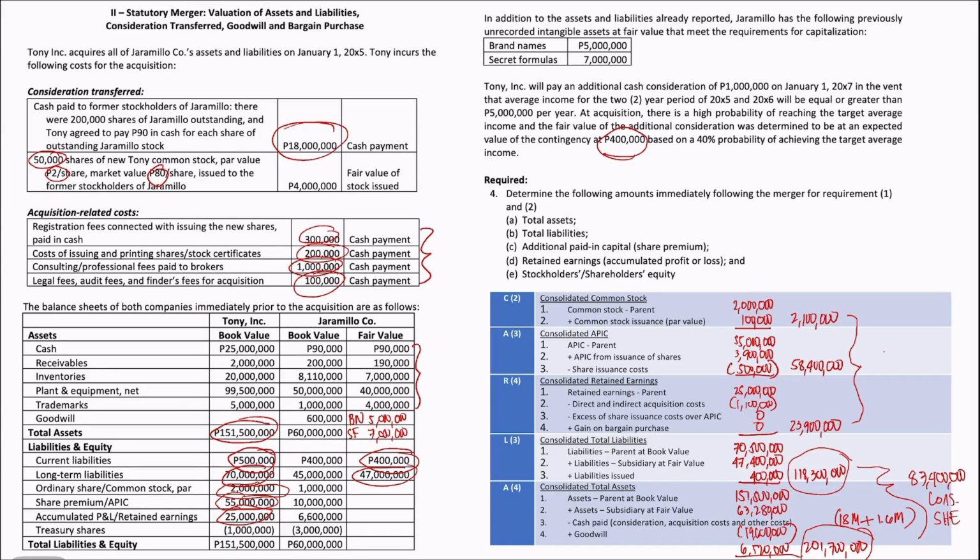The sum of these three is 84,400,000. Observe that there is a 1 million difference, and the 1 million difference is attributable to treasury shares of 1 million. So from the 84,400,000, we have to deduct treasury shares of the parent, 1 million. And this gives us 83,400,000, which is equal to consolidated total assets minus consolidated total liabilities.